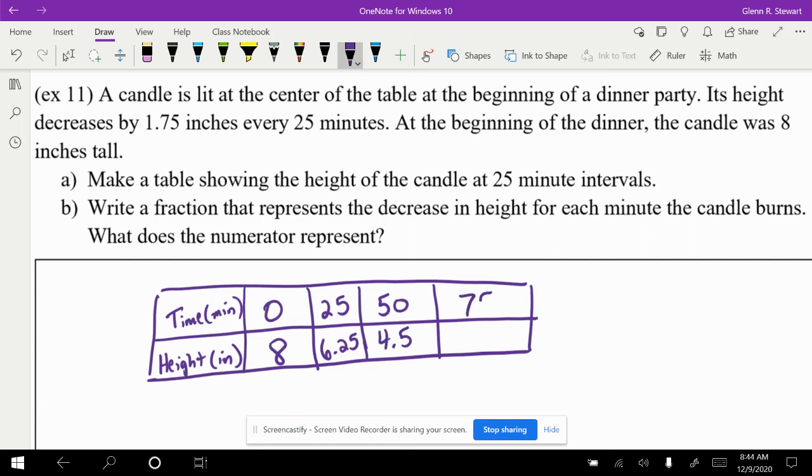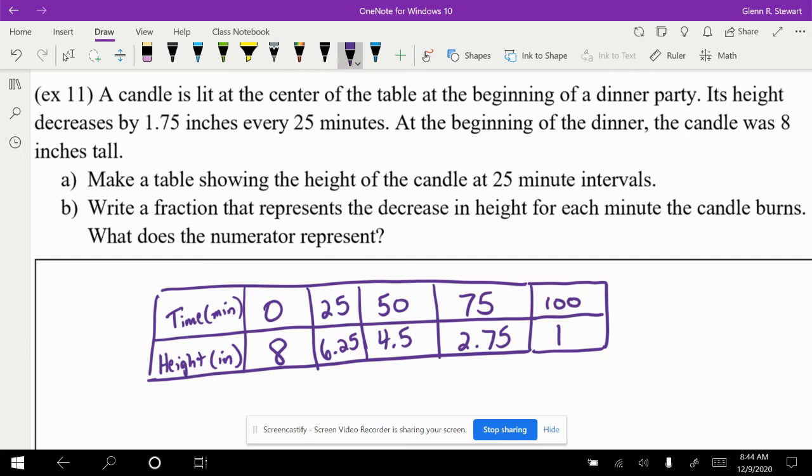And then 75 to 2.75. If I do one more, just to show you after 100 minutes here, take a look. After 100 minutes, then this should be down to 1.